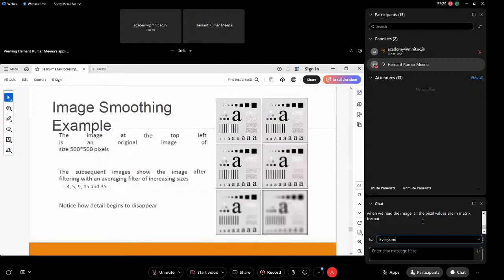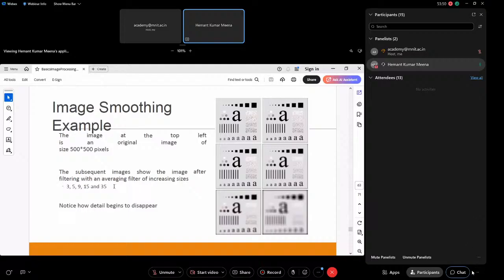Image smoothing example. In this example, we have the original image of 500 by 500 pixels. Subsequent images show the image after filtering with an average filter of increasing size: 3 by 3, 5 by 5, 9 by 9, 15 by 15, 35 by 35.